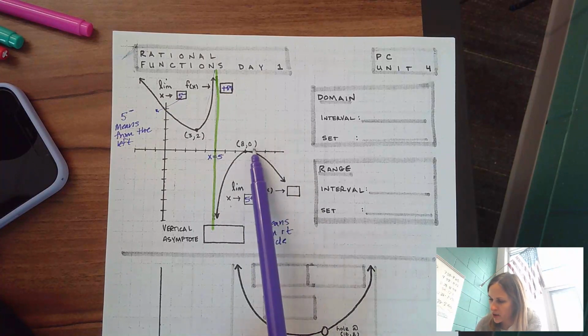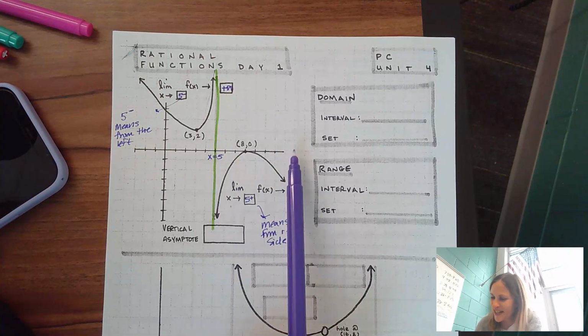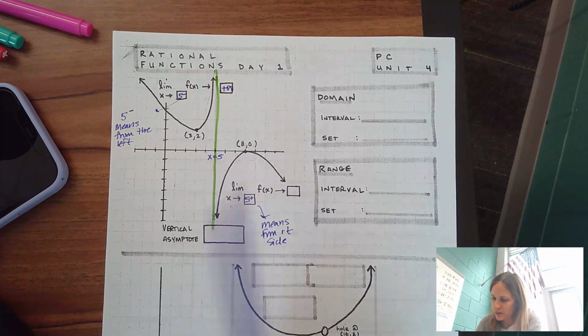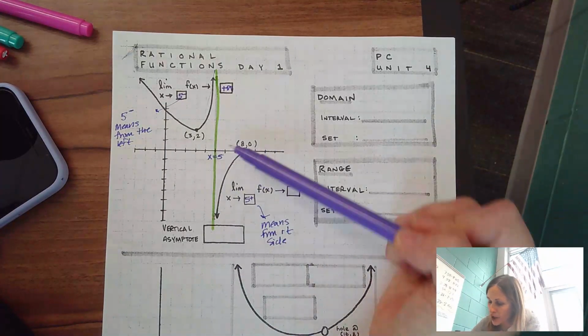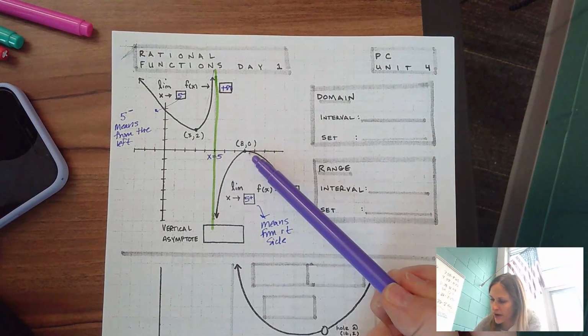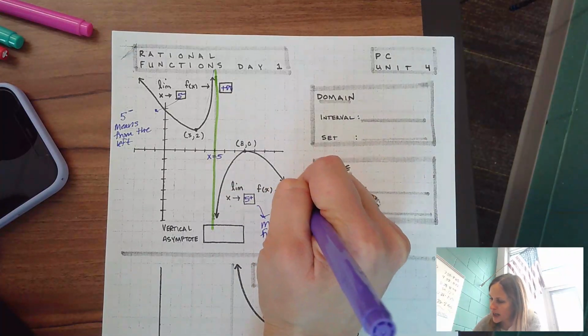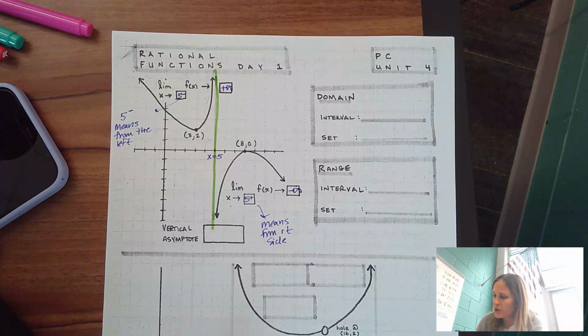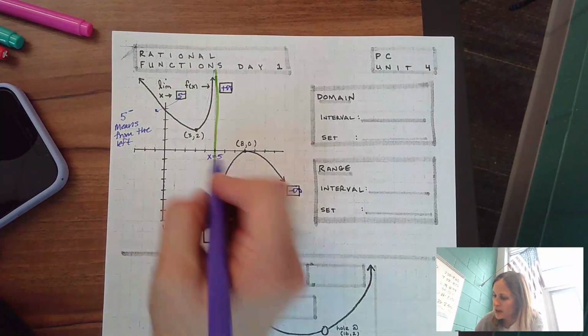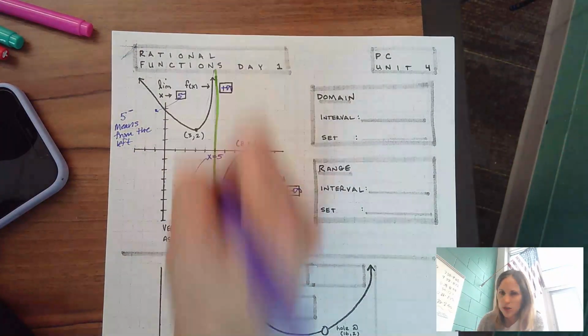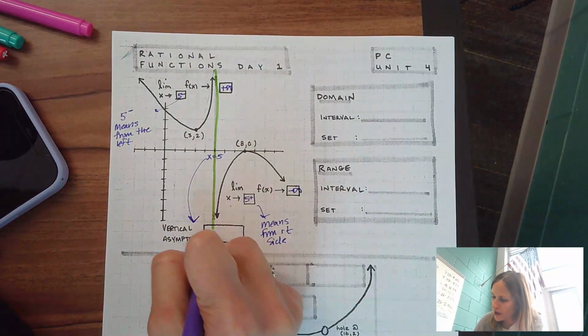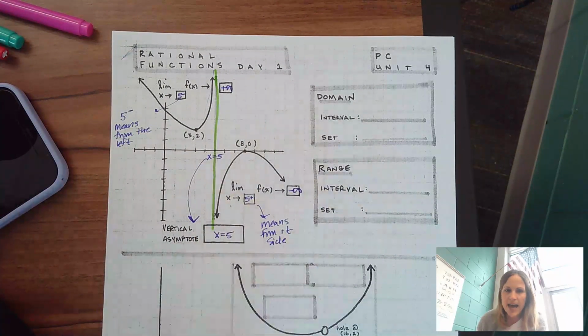As x gets closer to this, coming from the right side towards this asymptote, what happens to my function as I get closer to x equals 5? Well, my function is going down. It means it's approaching negative infinity. Those would be what we call our limits around our asymptotes. This green line here is called a vertical asymptote, and we write it as x equals 5.